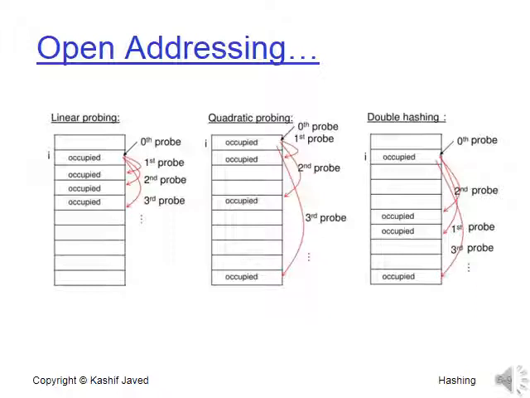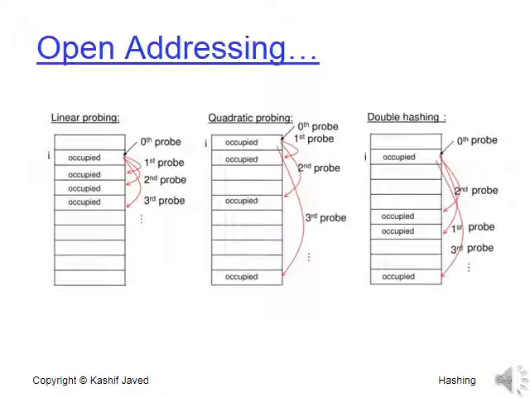The quadratic probing sequence checks for an empty cell by adding successive values of an arbitrary quadratic polynomial, and in our case that polynomial is i square.